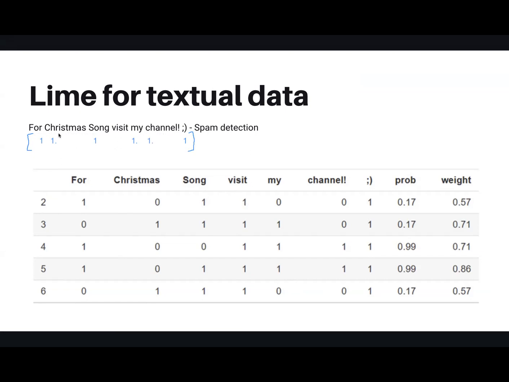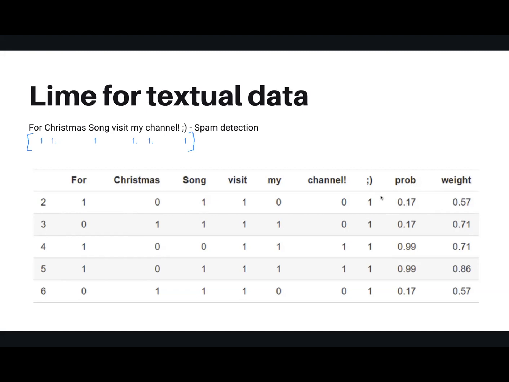We can't represent the word 0.8 Christmas, but we can represent 0 Christmas means it doesn't exist, and 1 Christmas means it exists. So for example, in here, as your friend has said, for Christmas, we don't say it, song, visit, we don't say this, and then we just wink. And here the model gives us the probability.